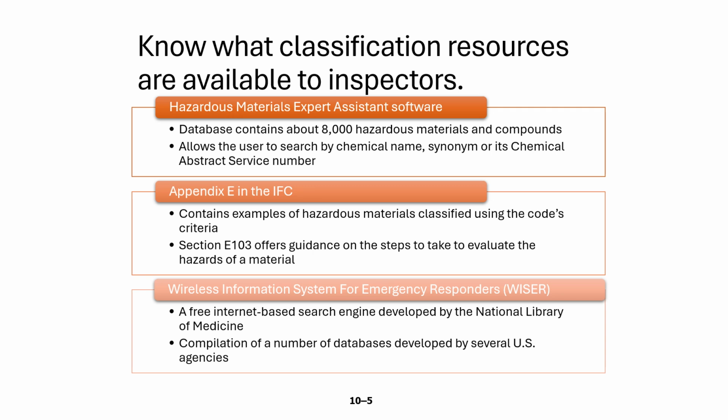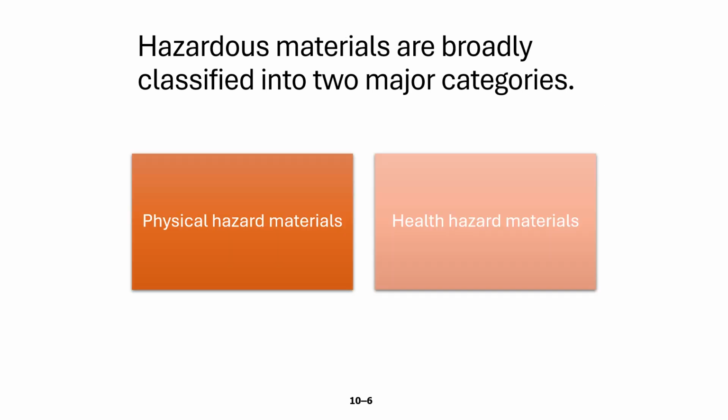You should now understand how you access this information, whether it's online or a hard copy, how you can get to it, and whether you are familiar enough to navigate through it.